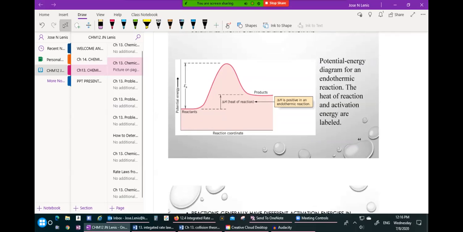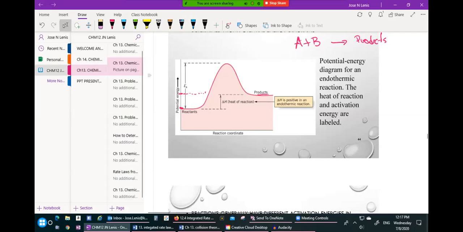For a reaction A plus B to form products, notice that in this case, A and B are here, the reactants, with this potential energy level, whereas products are here at this potential energy level.